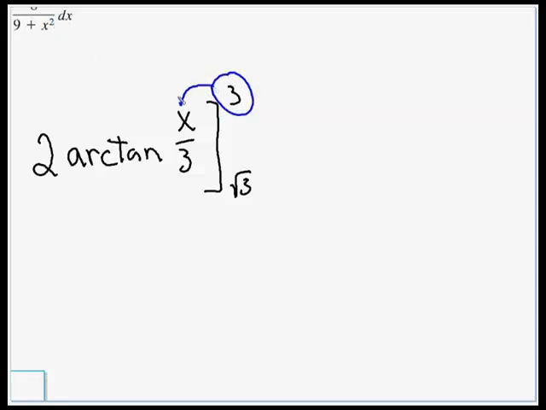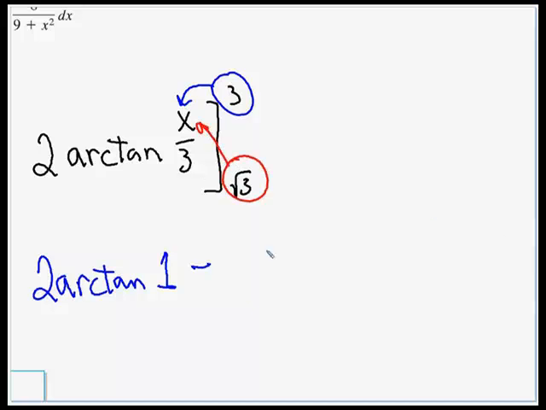In goes the 3. So we're going to have 2 arctan of 3 over 3, or 1, minus, plug in our lower limit, 2 arctan root 3 over 3.